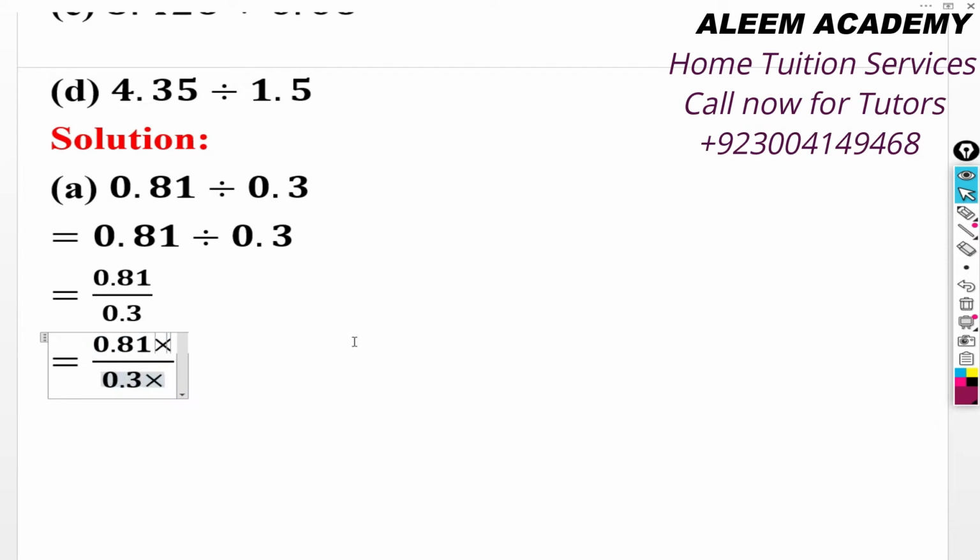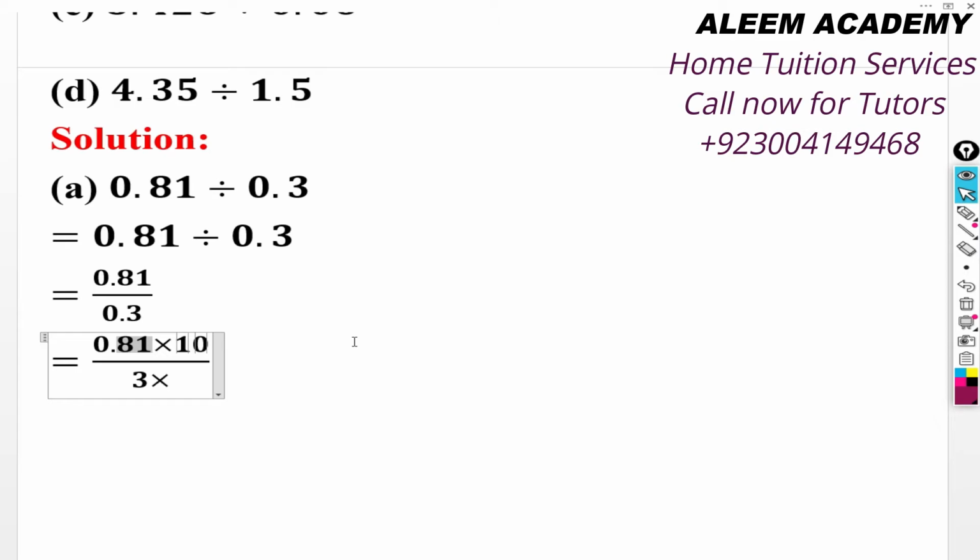Let's suppose we first remove this decimal from here. 0.3 will become just 3. Now we have to multiply 1 on the other side, and there is 1 digit after the decimal, so we write here 10. Now see, there are 2 digits after this decimal.